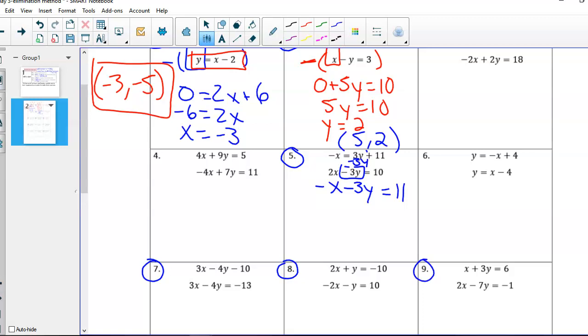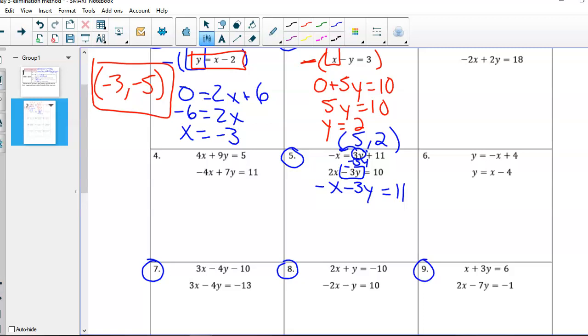What is it? Minus 3y. Do these two look identical, the format? No. So we need to get them in the same format. The only way to do that is to move this to the other side by subtracting.